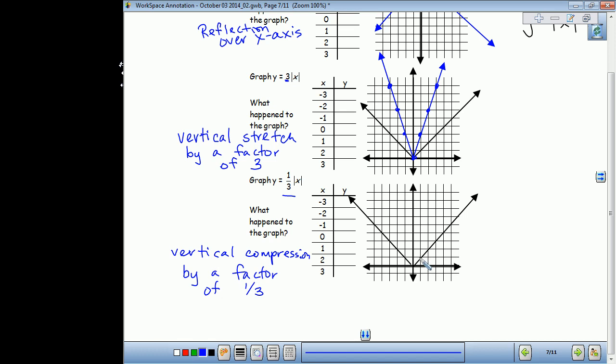Like if I multiply 1 by a third, it's a third. It's a little tricky. If I multiply 2 by a third, it's 2/3. Still a little tricky. But if I multiply 3 by a third, what is that? 1. Well, that's good. If I multiply this 3, I get 1. And that's good enough for me because these are straight lines. And I can line that up nicely now.